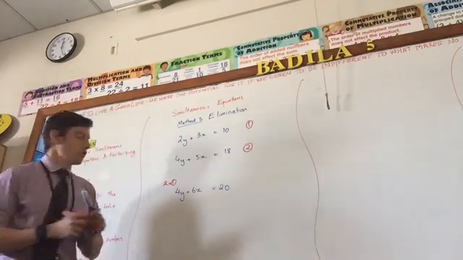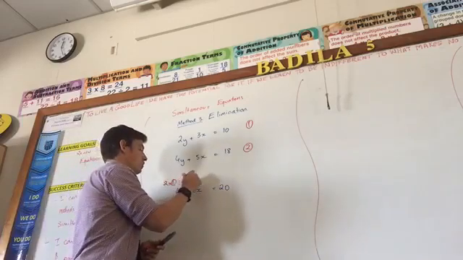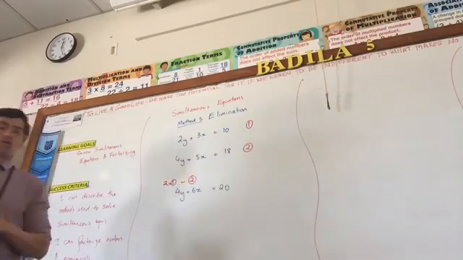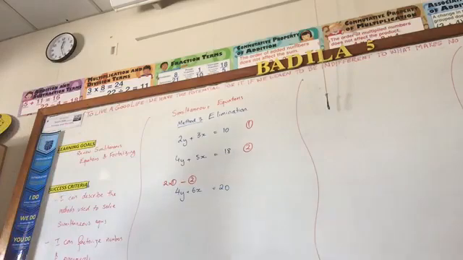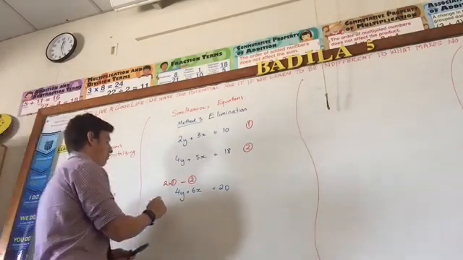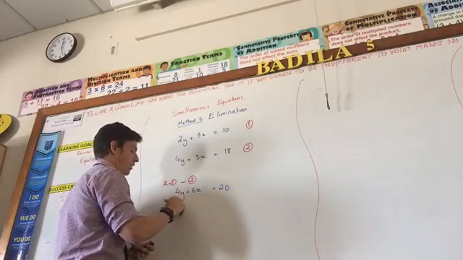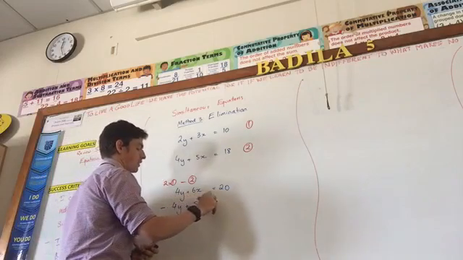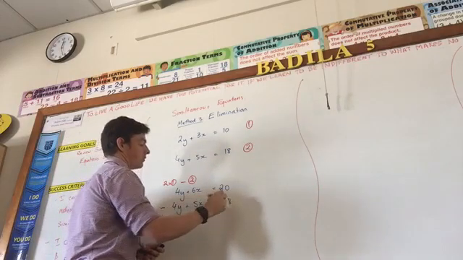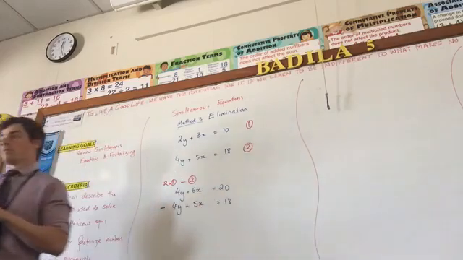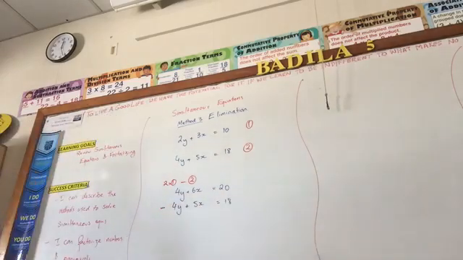So I've got 2 times 1. And what I'm going to do now is subtract 2. 2 times 1 minus 2. So below here, I'm going to write minus 4y plus 5x equals 18. Is that okay?